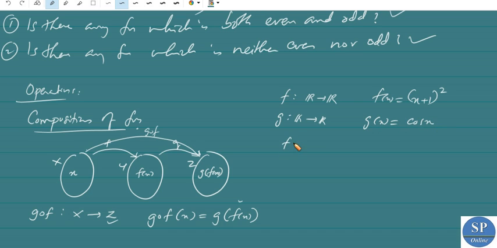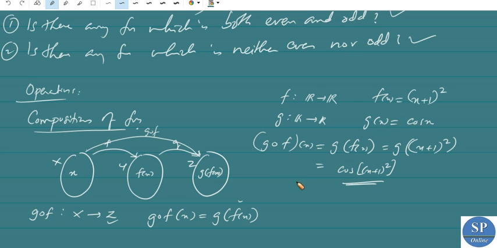Now what about g o f? g o f of x is equal to g of f of x, which is g of (x plus 1) whole square. We have g of x equal to cos x, so g of (x plus 1) whole square is cos of (x plus 1) whole square.